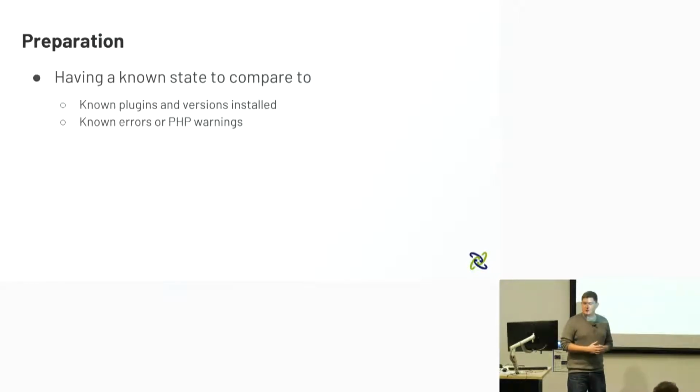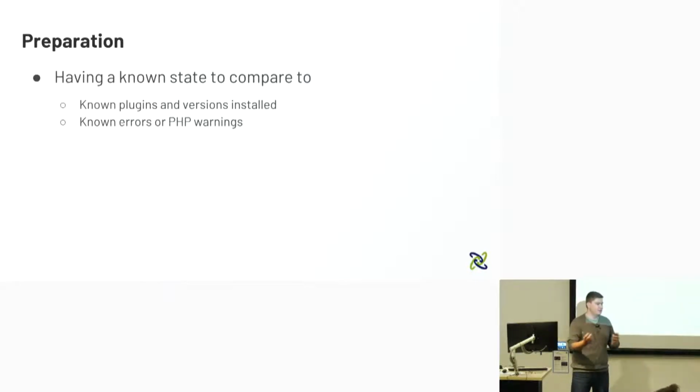So preparation. Obviously, a customer calling to tell you the website is down isn't always the best way to find out things have gone wrong. So having a known state to compare to is important. If you're managing WordPress sites, you should know what the plugins installed are and what versions they are.